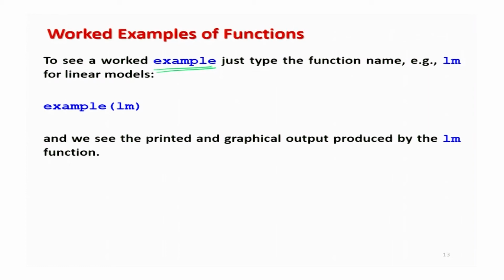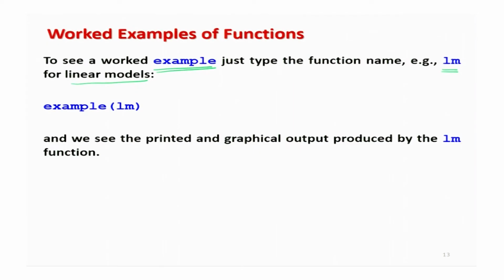For example, suppose we want to understand an example on the command LM. LM is a command to fit linear models, which are quite popular in statistics, although we are not going to do it here; this is just for your information.